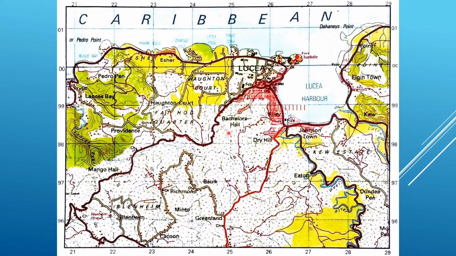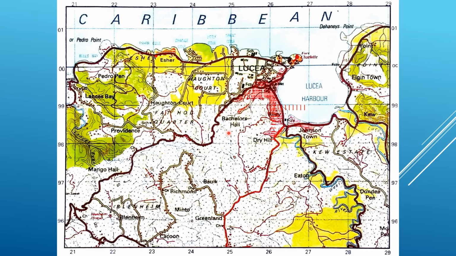Now, let us state our 6-figure grid reference for that factory that is located between Johnsontown and Riley. So the 6-figure grid reference for that factory is 26,4, 98,6.